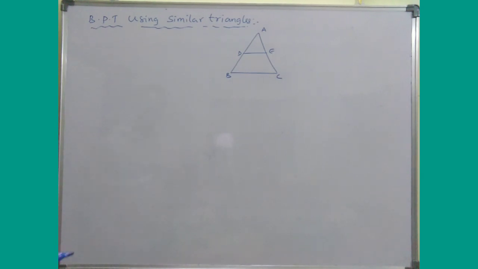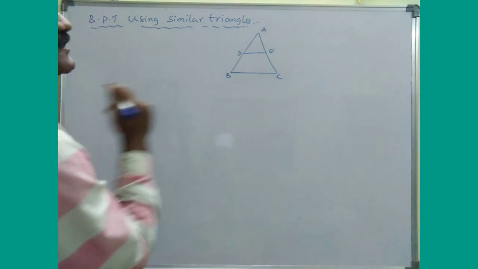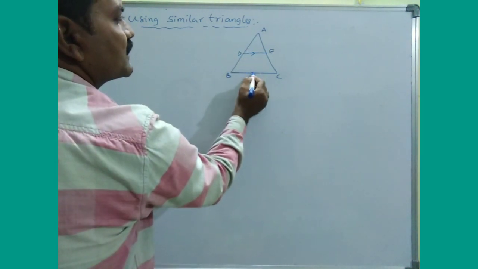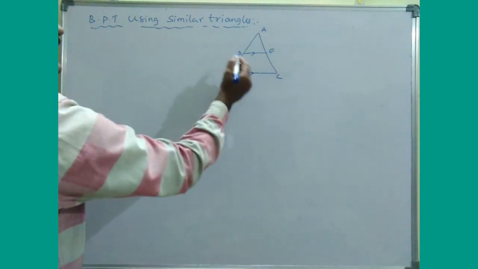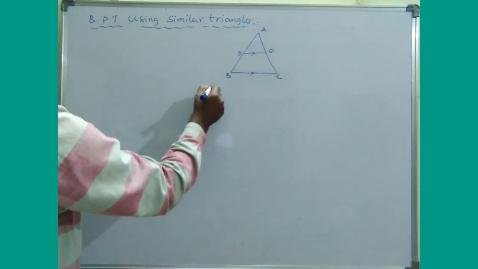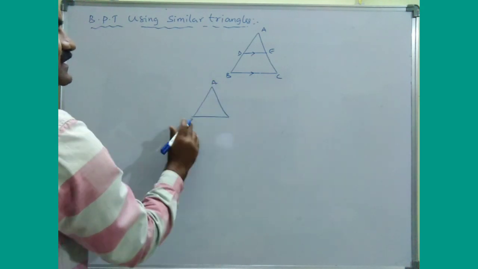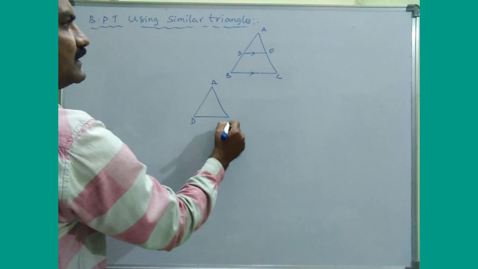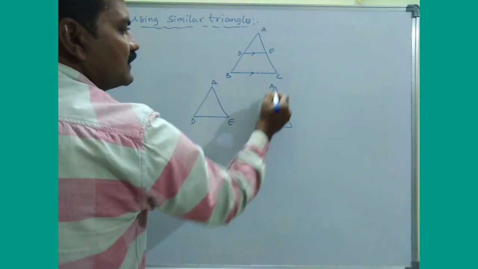See, look at the same theorem. How can we prove using similar triangles concept? Similar triangles. Okay. So there are the two triangles now. I want to draw them individually. Say suppose this is triangle ADE and let it be the triangle ABC.